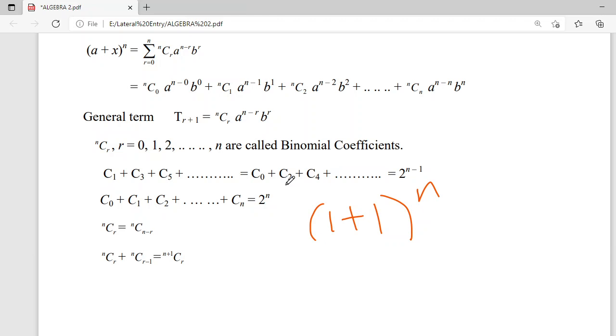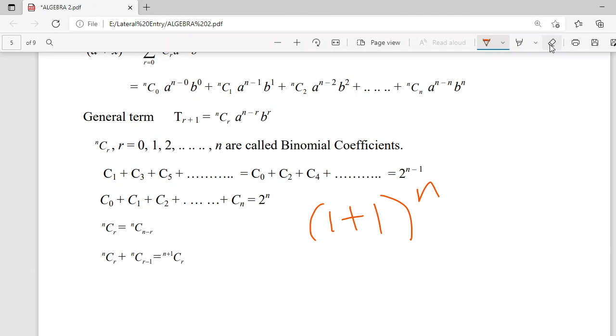And for this one, you make it minus. When you make it minus, this is 0. When it is minus, the sign comes alternately, because it is minus 1 to the power r.